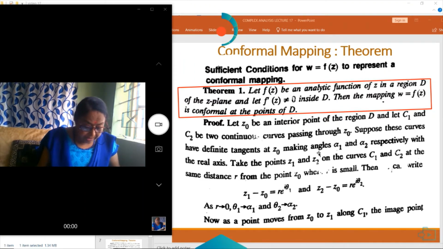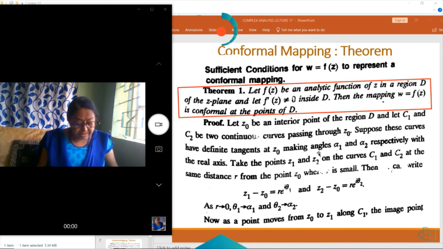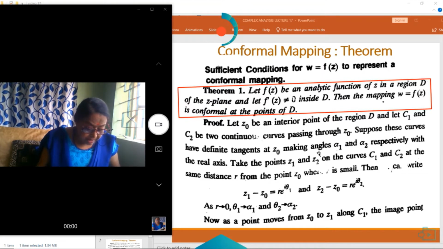Taking the points z1 and z2 on the curves C1 and C2 at the same distance r from z0, we can write z1 minus z0 is equal to r e to the power i theta 1, and z2 minus z0 is equal to r e to the power i theta 2.